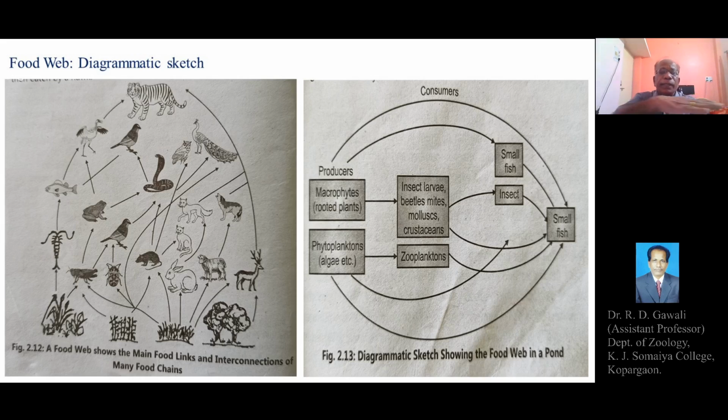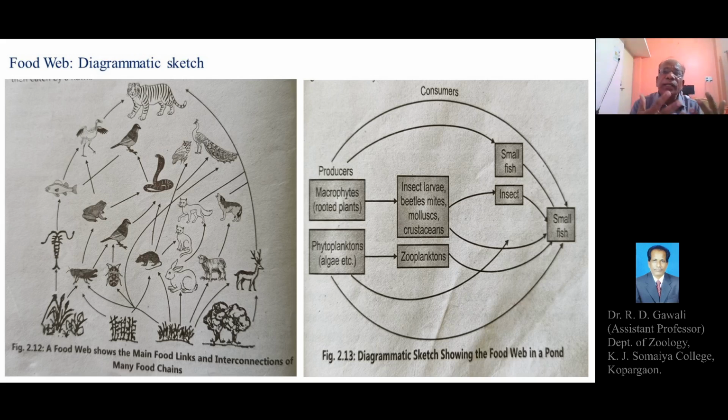In the base there are four different types of plants present at the first feeding level, or trophic level, representing four food chains. But we can see several animals present in the ecosystem which are interconnected with one another. So this diagram indicates clearly the interconnections.